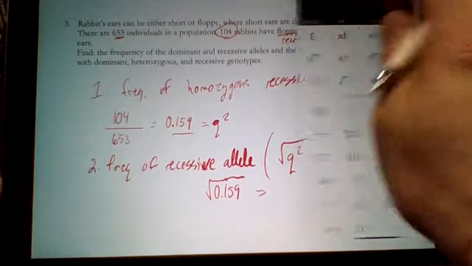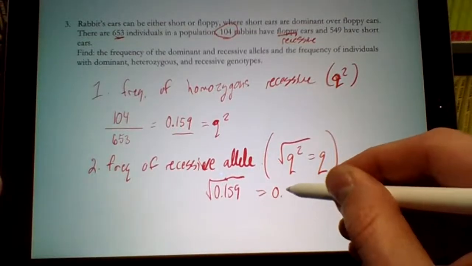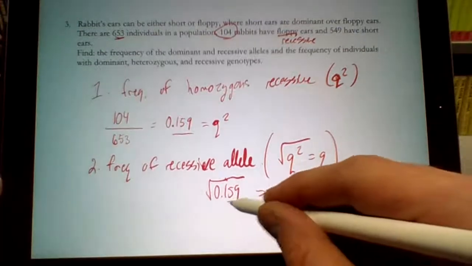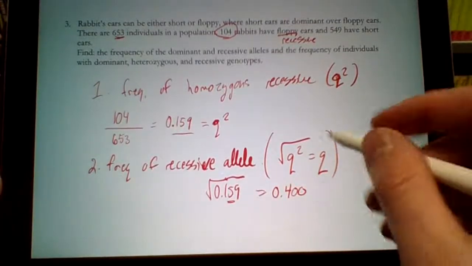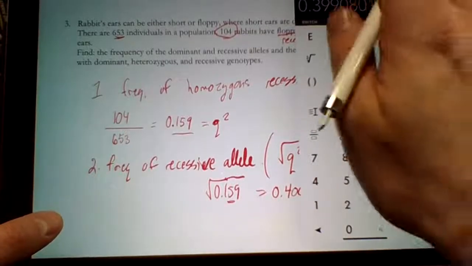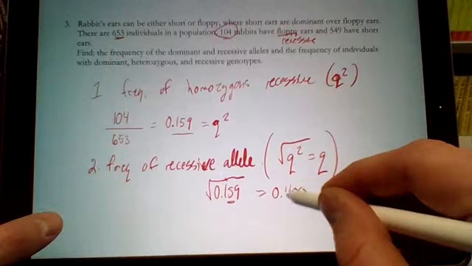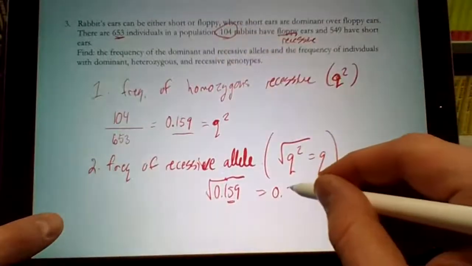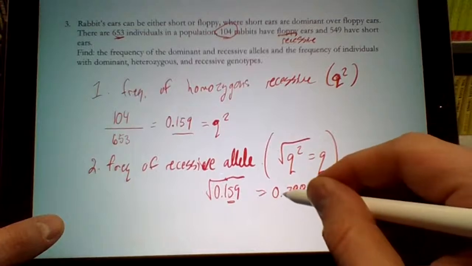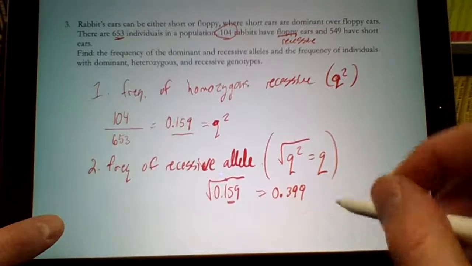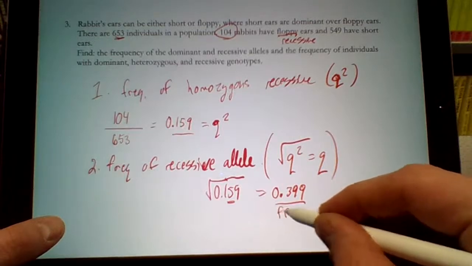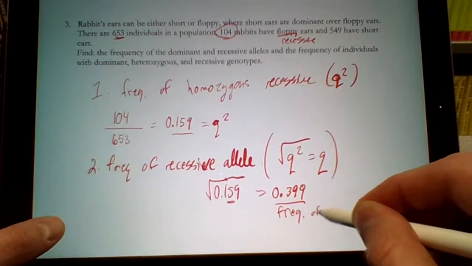So 0.4 essentially. I guess I should have rounded to 0.16, and then it would be more obvious. But it's 0.399, and if I'm sticking with 3 significant figures, that's my number. This is now the frequency of the recessive allele.